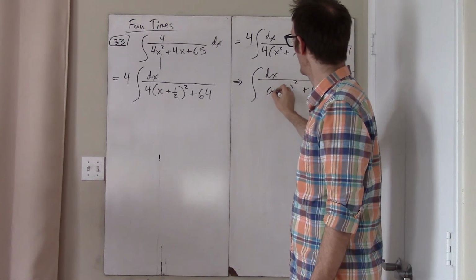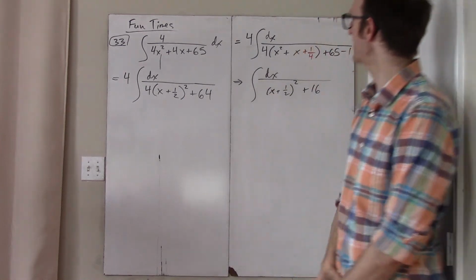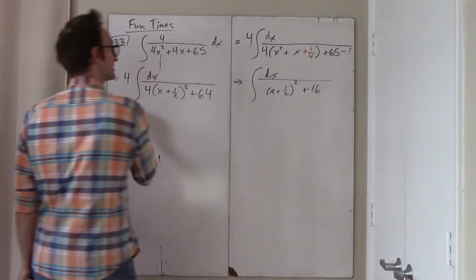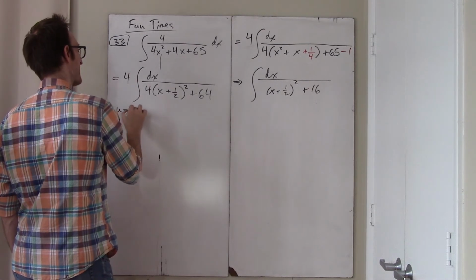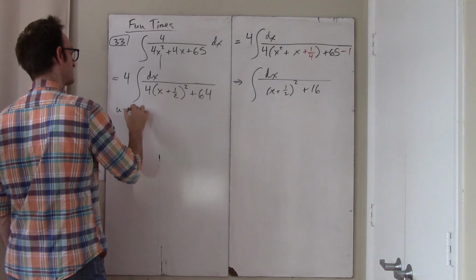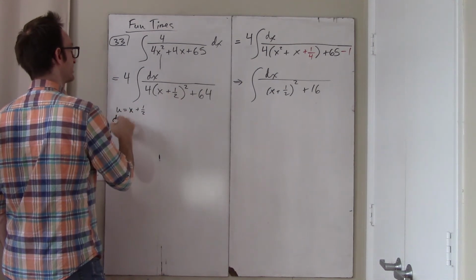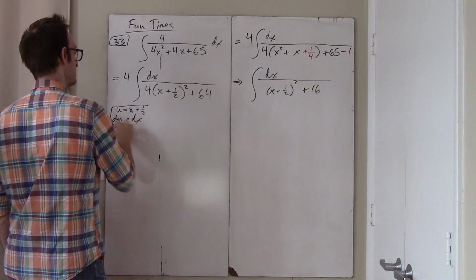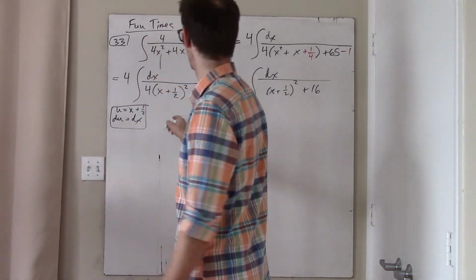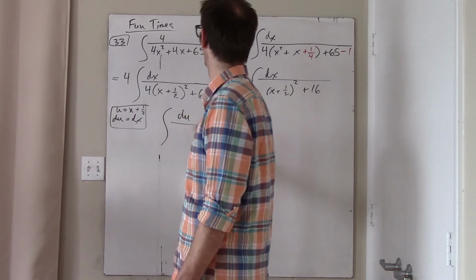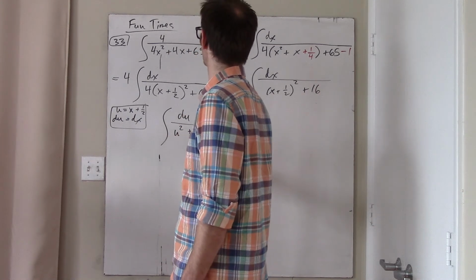And almost without even thinking, I'm going to do a quick substitution of u equals x plus 1/2. You don't have to do this, but I like to do this. To me it just seems simpler. Then du is just dx, and then I can write this as du over u squared plus 16.